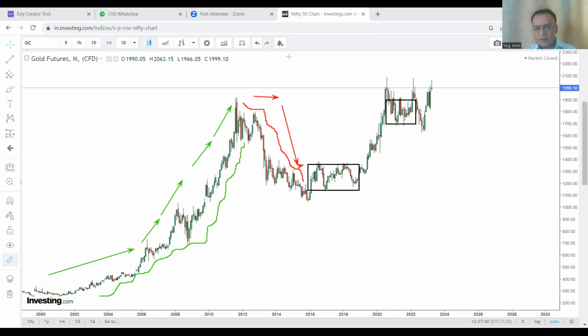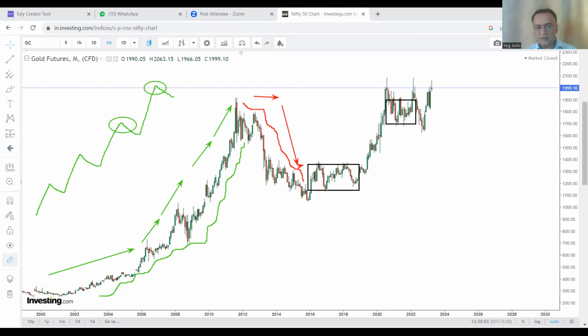If you see that the chart is growing and making higher highs and higher lows, every new high is above its previous high and every new low is above its previous low. So if we consider this a new high, this is the previous high.